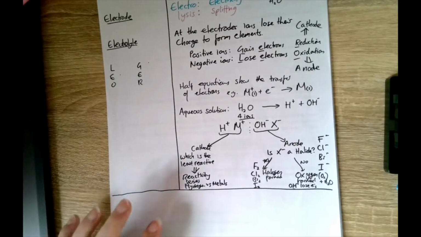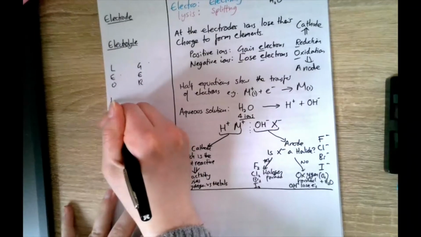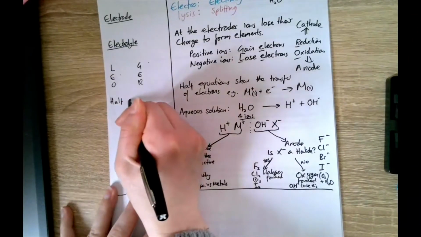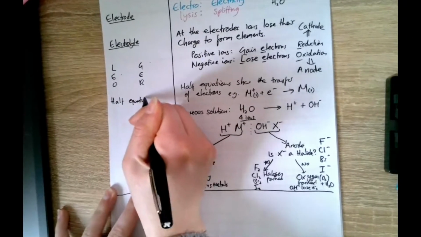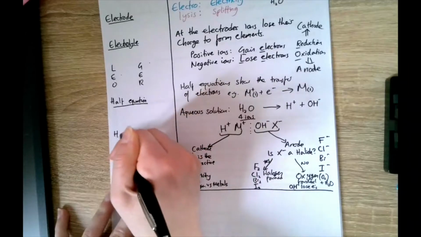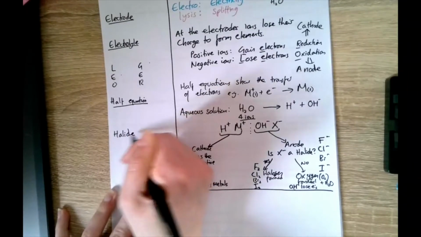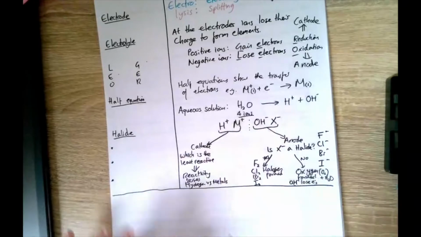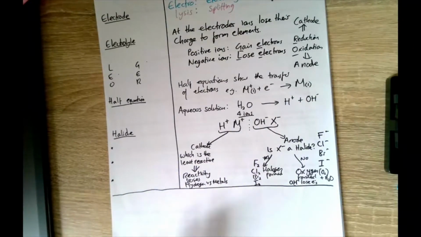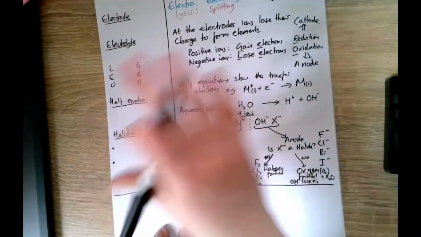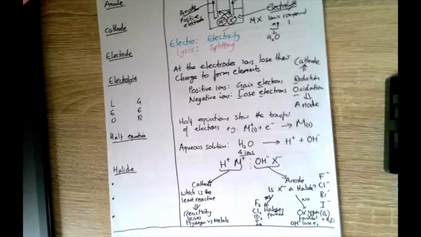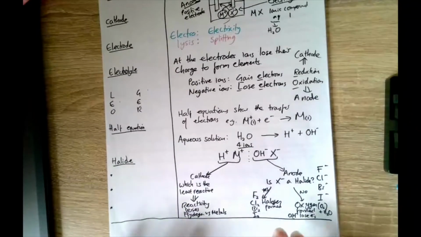So a few other key words to add here, and then we can look at some questions. So what a half equation is and what a halide is. So we then want to ask ourselves some questions, which is going to prompt us remembering what we've been talking about there.